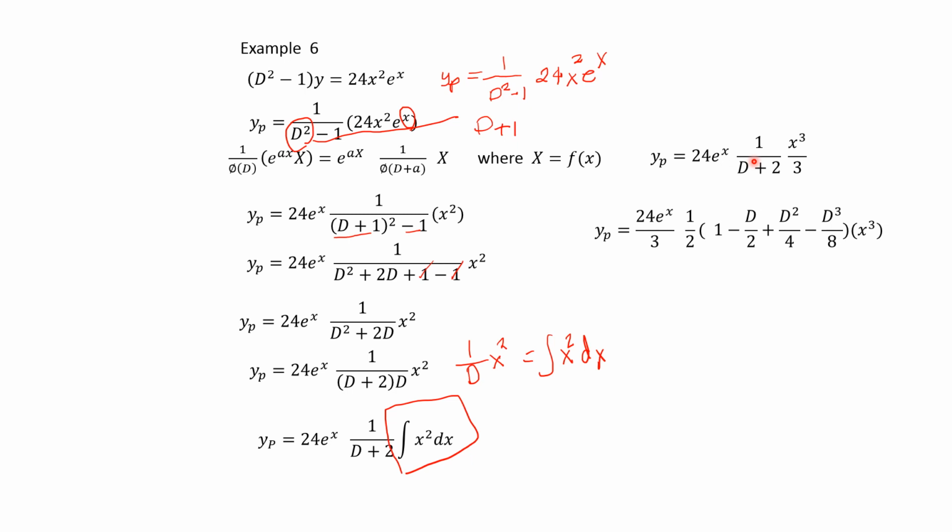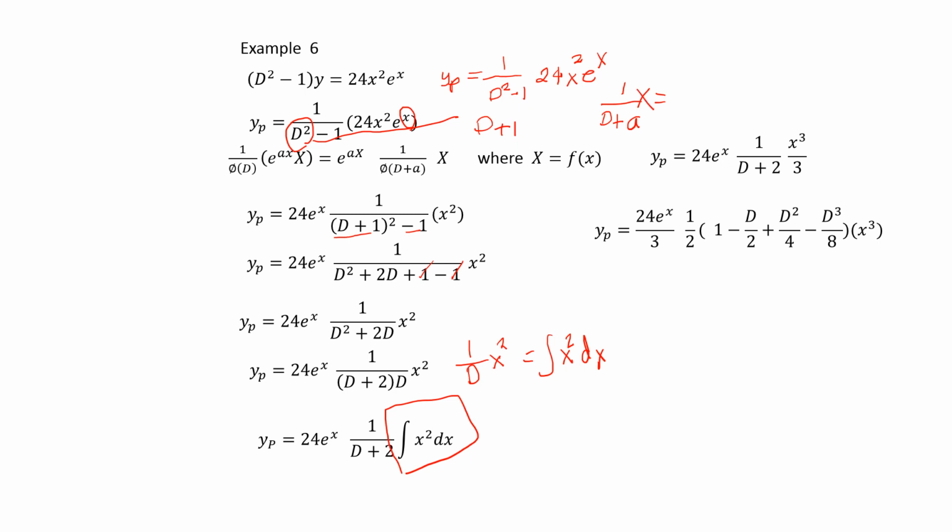So, this becomes 24 e to the x over 3, the 3 outside there, and then remember the formula again for 1 over d plus a of, let's say x here.